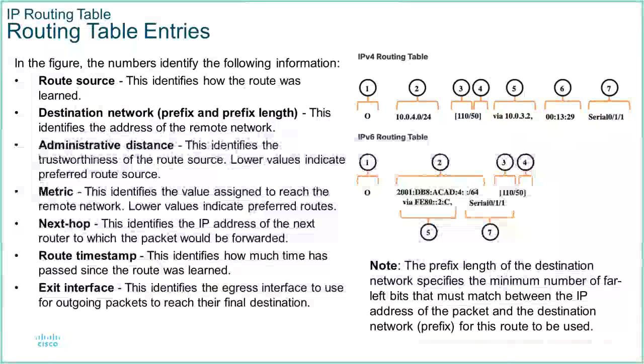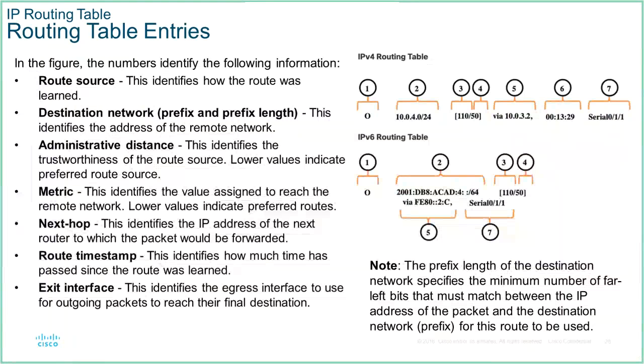Which one's more efficient? The one with the lowest metric. So when I have multiple paths to the same destination, learnt via the same way, I'll use the lowest cost to get there, or the more efficient.